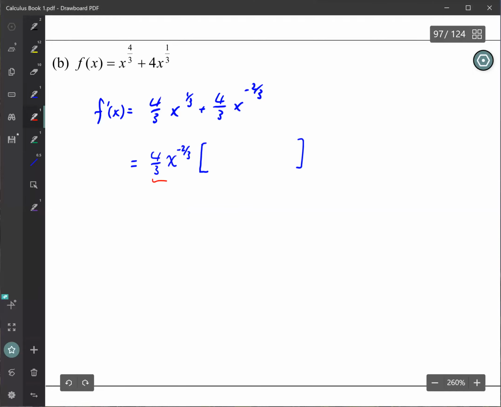When you factor out a GCF, you divide by what you factored out, and then after that, you put it into a single fraction.